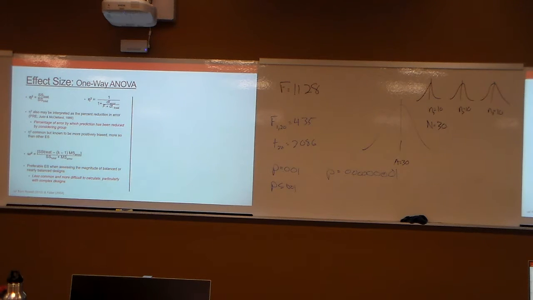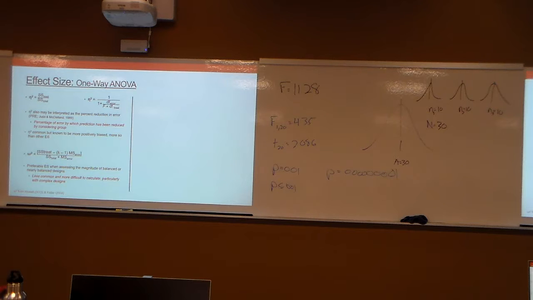But as an estimate of the actual true population effect, it's going to be too big, right? So omega squared gives us a downward correction, a more reasonable estimate of the actual population effect that we're probably interested in, right?